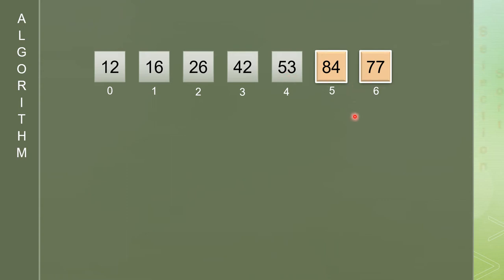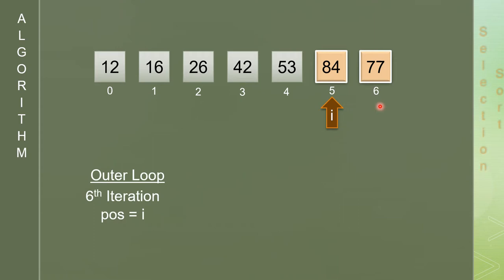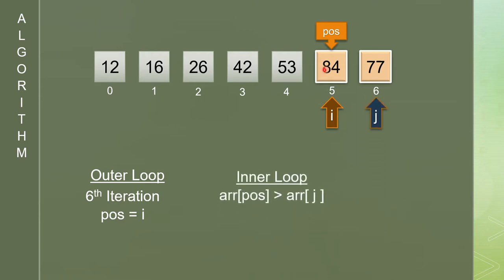So now you've got only 2 more elements. You're going to define the I value. That is the sixth iteration. I value is 5 and position value is also 5 and j value is 6, that is I plus 1. Now you check the condition whether 84 is greater than 77. It is true. So it is going to move the position value to j. So position equals j.